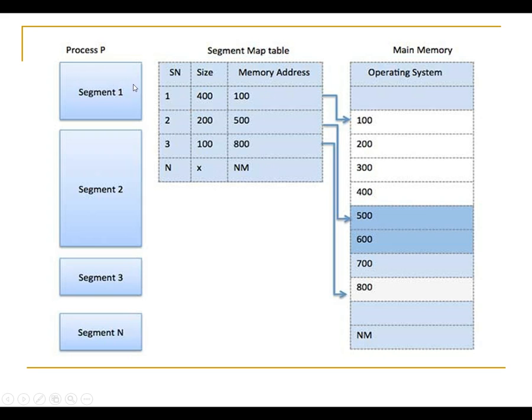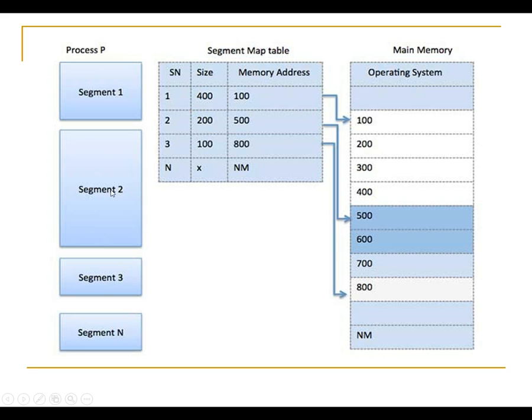That means this segment number 1 requires 400 bytes from the main memory to occupy all its process, for the specific single process. And the address which is given by the memory is 100. So this 100 is mentioned over here. This is the address of memory.